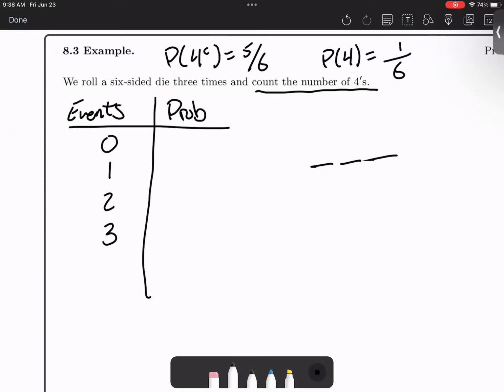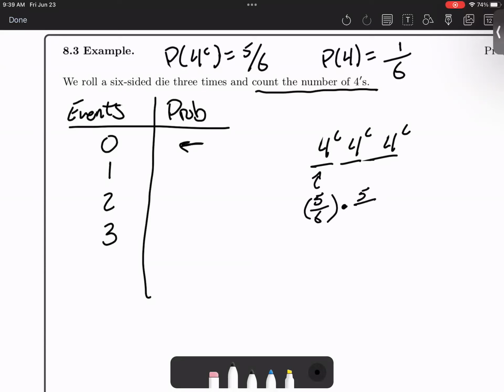Okay, so we flipped the die 3 times, and we're interested in 0 4s. So not a 4, not a 4, and not a 4. What are the probabilities of this happening? So this is the probability of an intersection. You need not a 4 to happen first, and there's a 5/6 probability of that occurring.